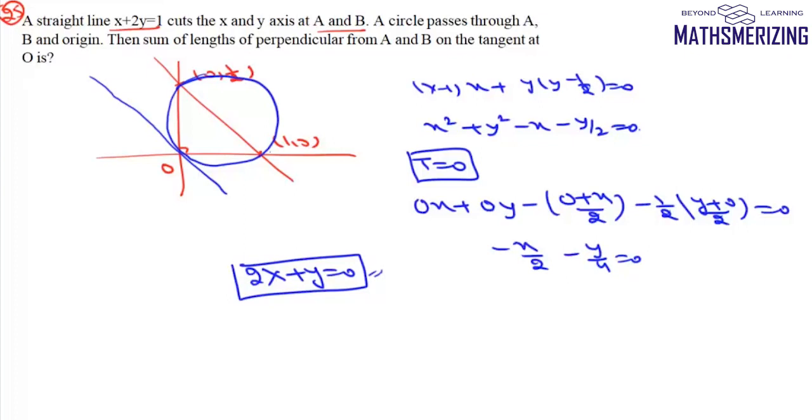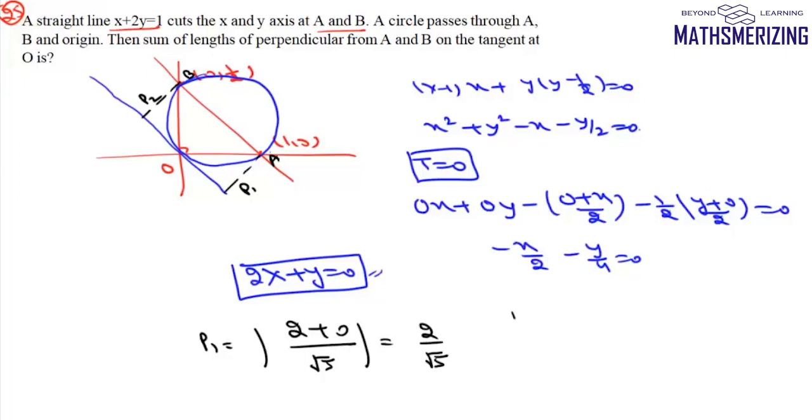Now we'll find perpendicular distance from these 2 points A and B. Say this is P1 and this is say P2. So we'll find P1, then P1 will be 2 plus 0 upon under root 5. So it'll be simply 2 upon root 5, and in the same way we can find P2, and P2 will be 0 plus 1 by 2 upon root 5.